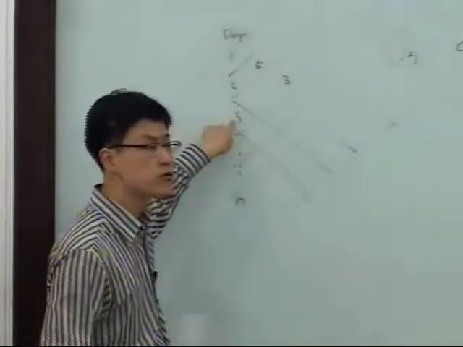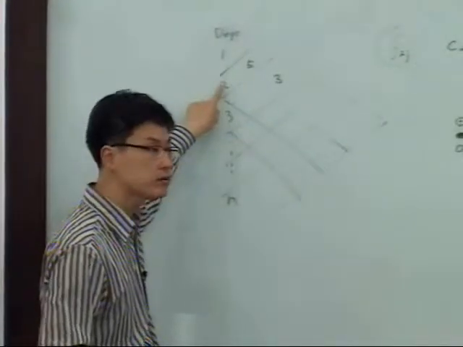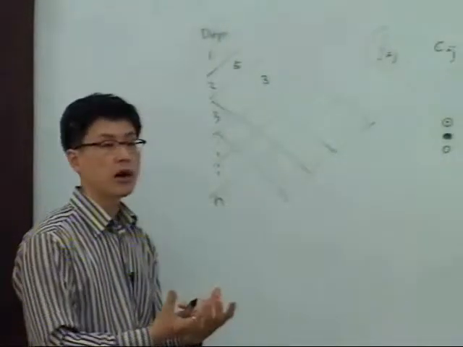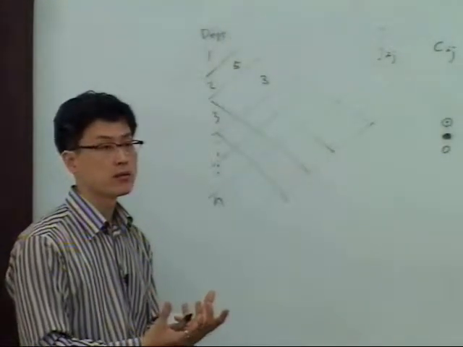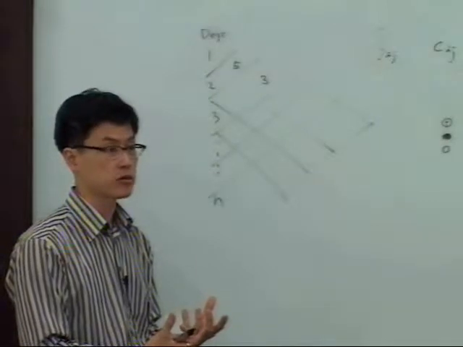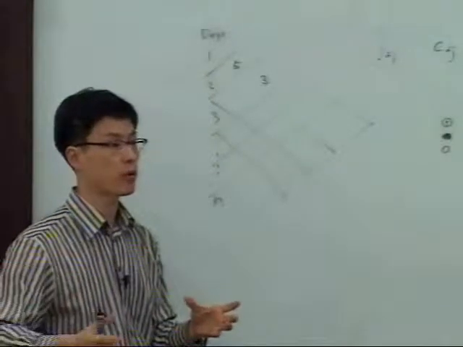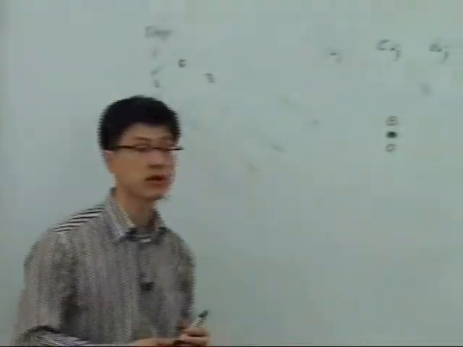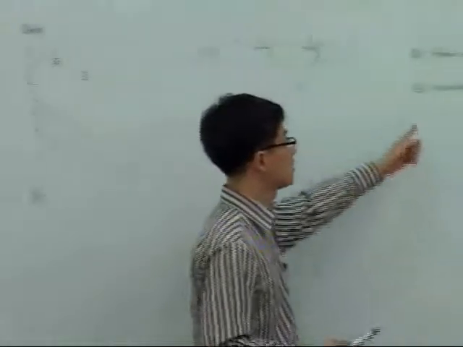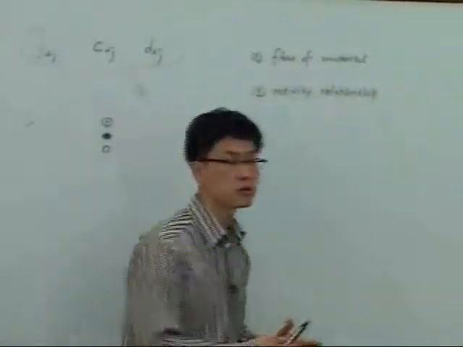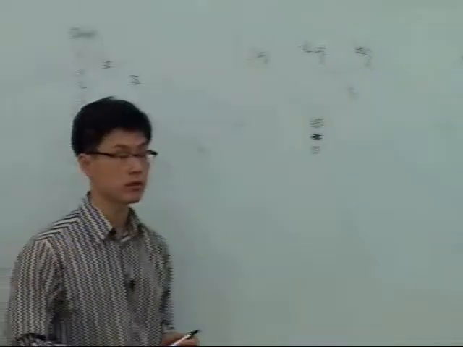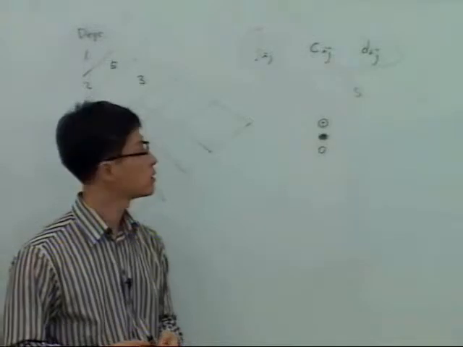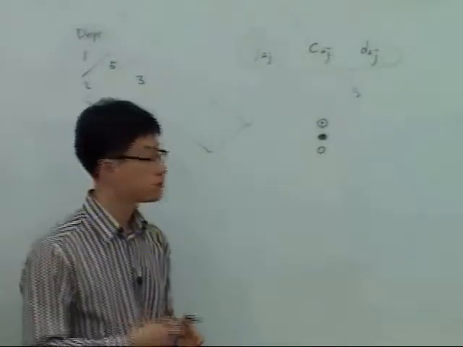Like plate cutting should be done before it is welded together and assembled, and the like. So by the product design, we know the activity relationship. Something should be done before the other thing, right? Yeah, that's an activity relationship. And this activity relationship usually comes from the product breakdown structure and other related information, right?